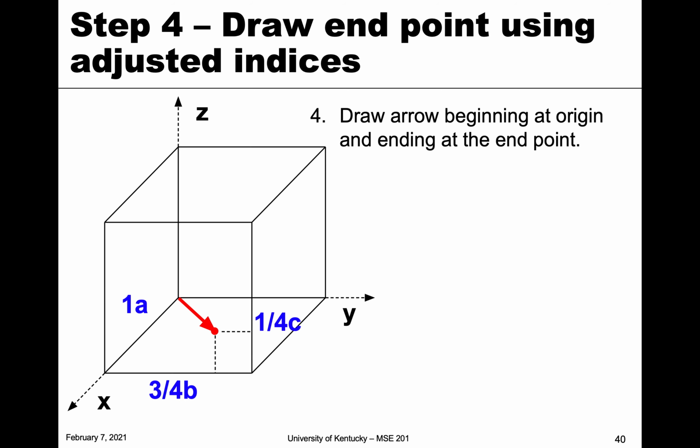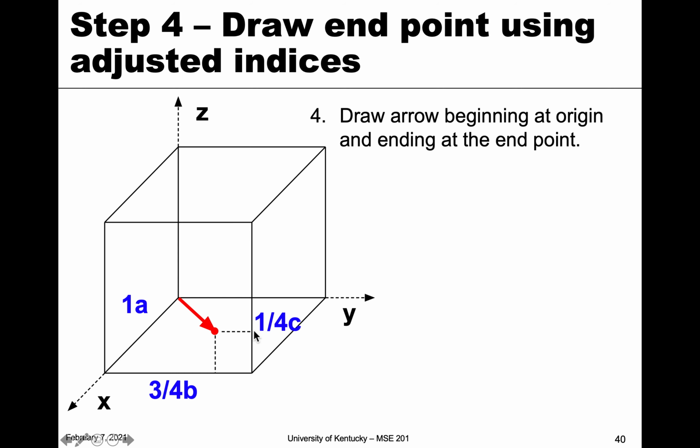We've drawn the endpoint, and now all we have to do is draw an arrow to represent the direction from the origin to the endpoint. Again, the direction is denoted by the difference between the endpoint and the beginning point, which we always take to be the origin for convenience. So that's all we have to do for this direction. When you do this yourself, it's often difficult to see because we're dealing with a three-dimensional space, but we're doing it in 2 dimensions.